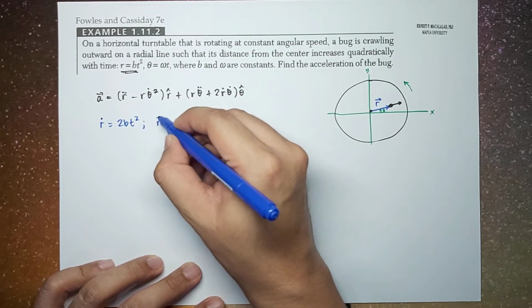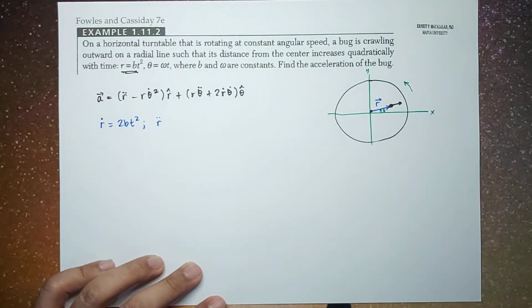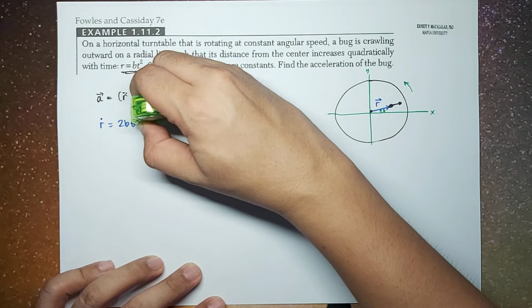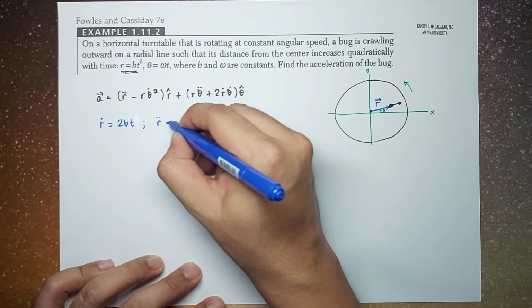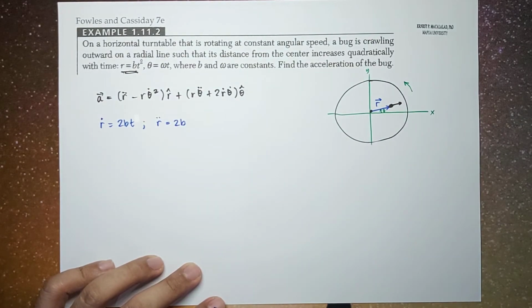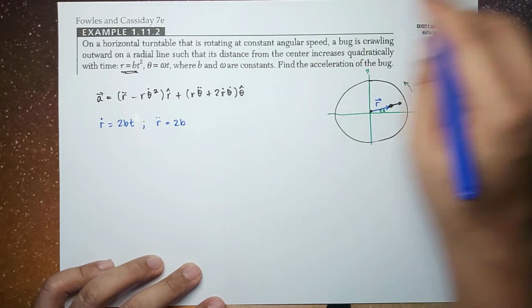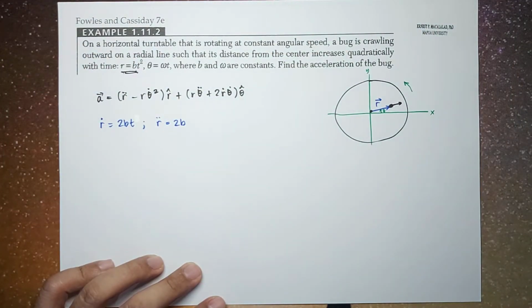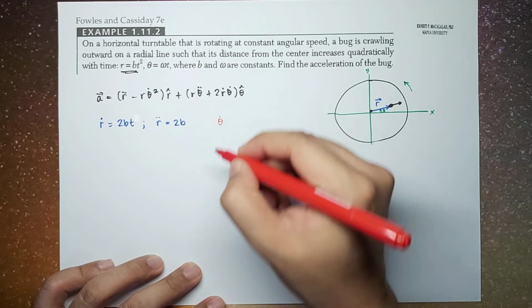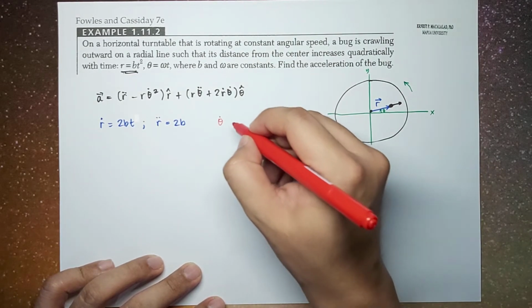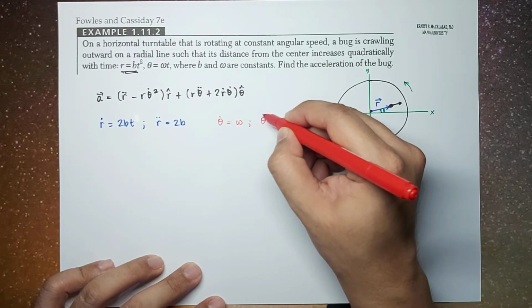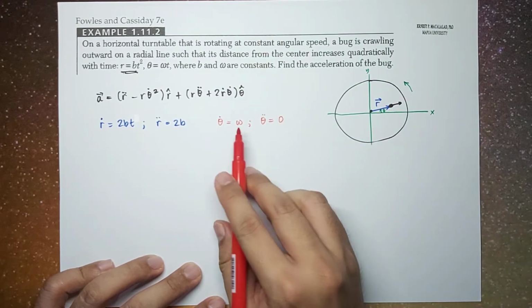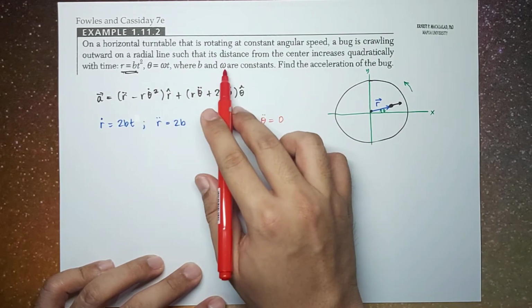Consequently, if we differentiate this again, we get r double dot, the derivative with respect to time, and this is 2b. Similarly, theta dot will be equal to omega, and theta double dot is equal to 0 because omega, we all know, is a constant.